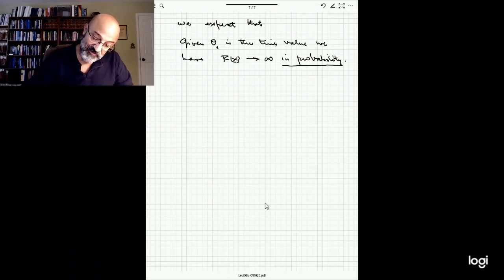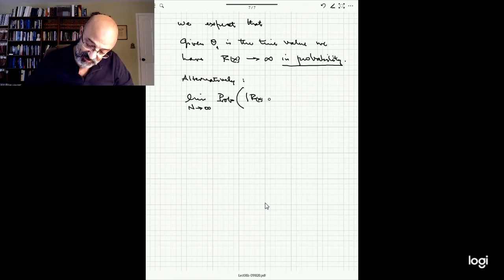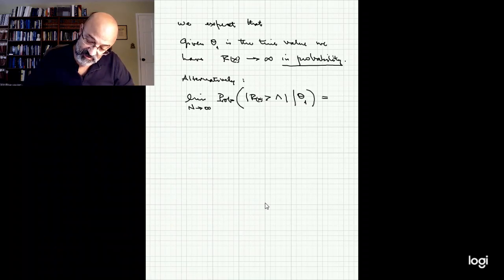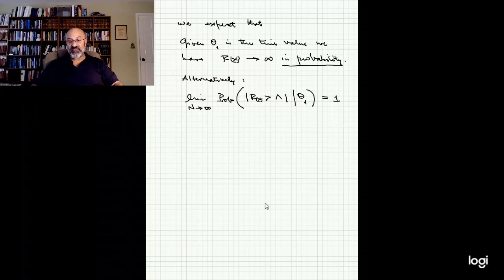So if we want to be a little bit more rigorous, we're going to say alternatively, the limit as n goes to infinity of the probability that R is bigger than a number, conditional on theta 1 being the truth, is actually 1. So the probability that R is bigger than any number whatsoever, right?